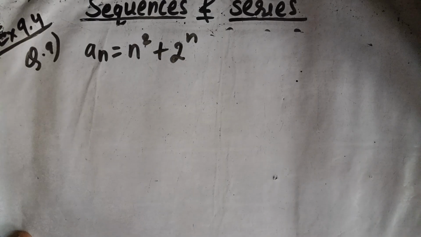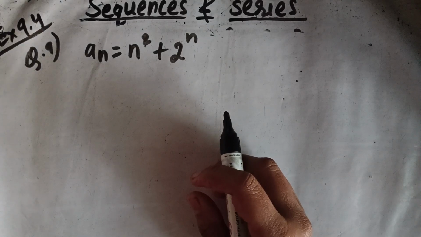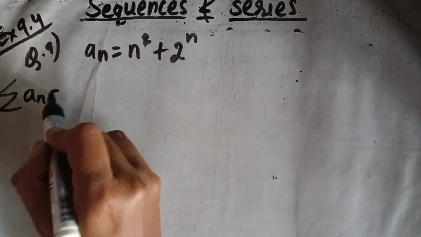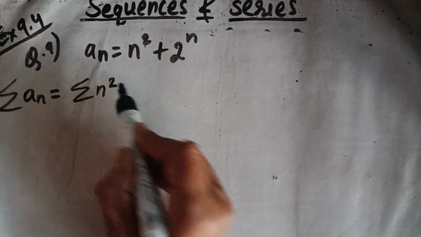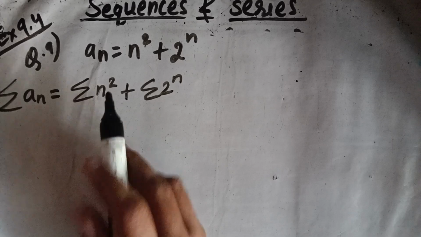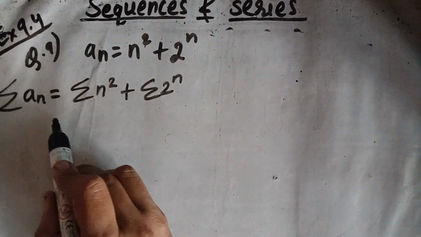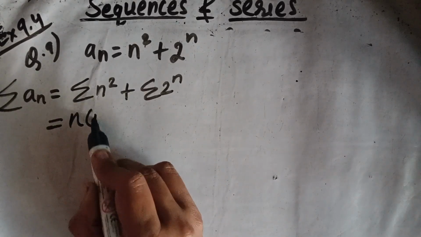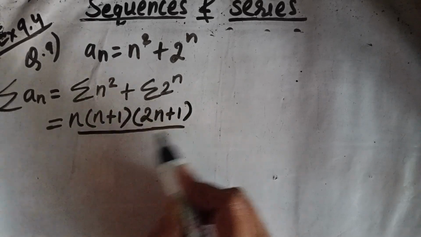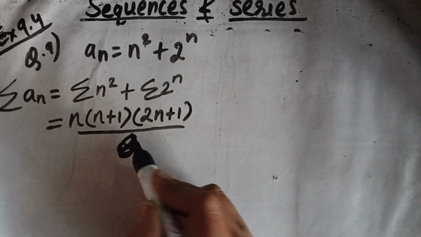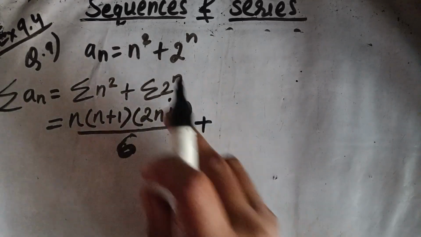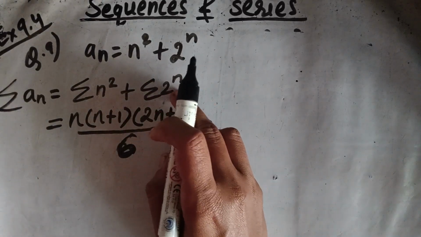So here an is given: n square plus 2 raised to n. So the sum is summation n square plus summation 2 raised to n. Summation n square, we know the formula, that is n into n plus 1 into 2n plus 1 divided by 6. Here 2 raised to n, you have to use your GP.